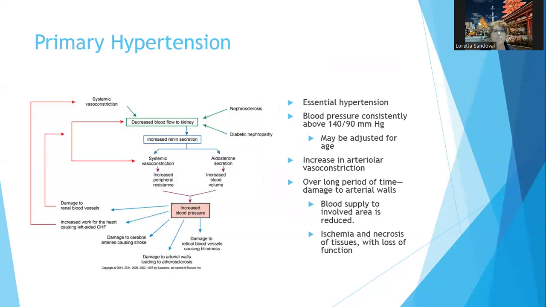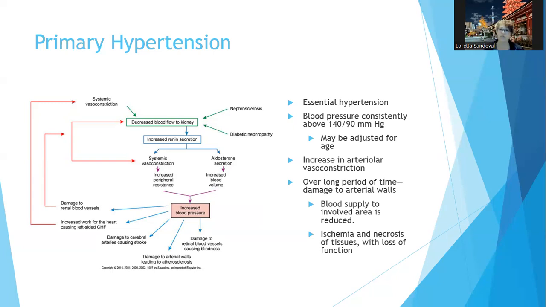So primary hypertension, sometimes called essential hypertension, is when your blood pressure is consistently above 140/90 millimeters of mercury. What's considered high might be adjusted a little for age. But it's an increase in arterial vasoconstriction.